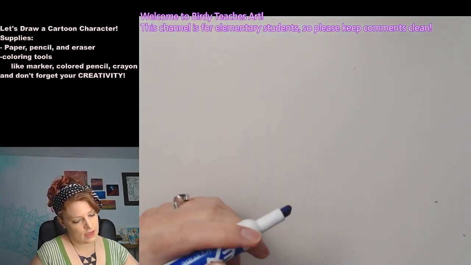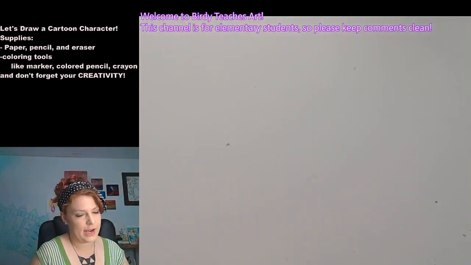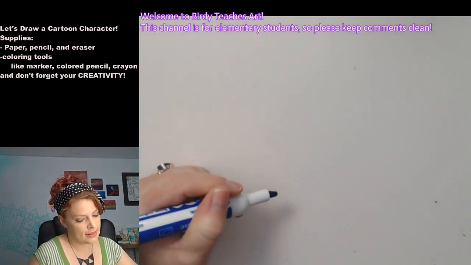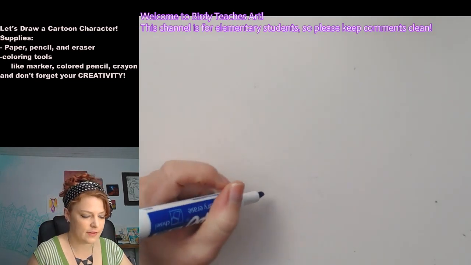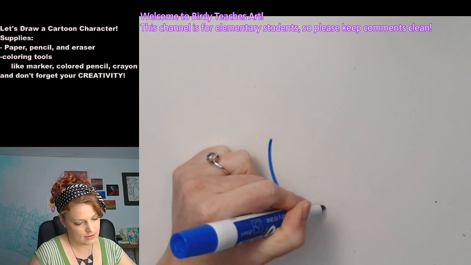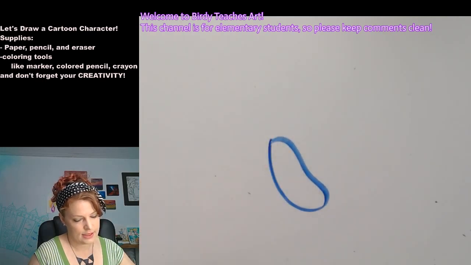So let's start off by thinking about shapes, okay? And I like to start off with kind of a bean shape, okay? And this is gonna be the body, okay?